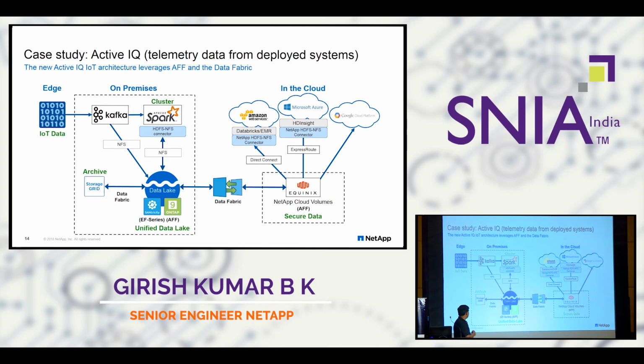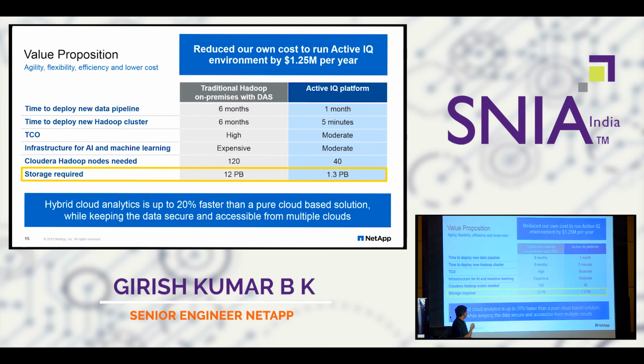So this is one of the reference architectures which we have done, and the benefits are here for you to take a look at. Storage required is 12 petabytes if you go for a traditional Hadoop on-premises with DAS systems, whereas with the Active IQ platform, it's reduced to 1.3 petabytes.